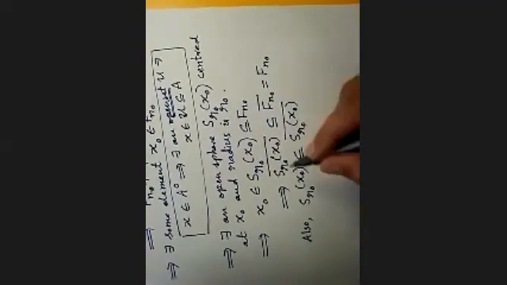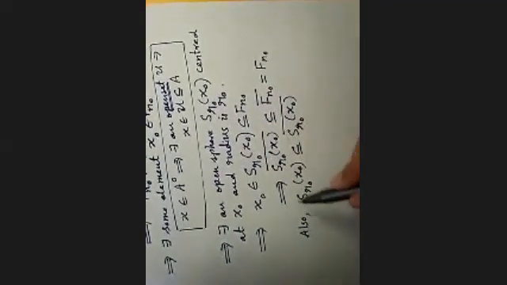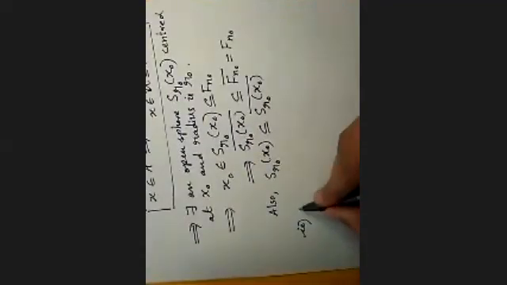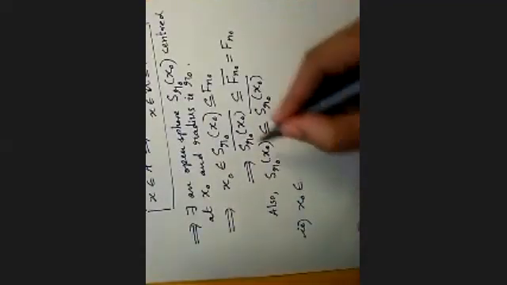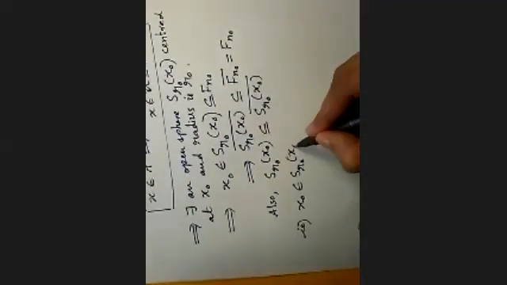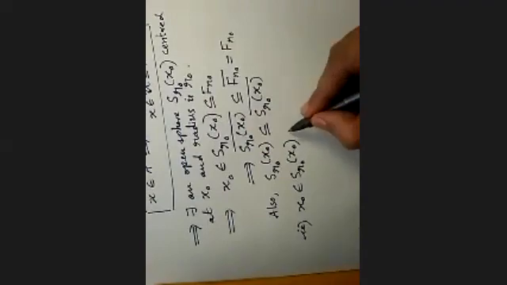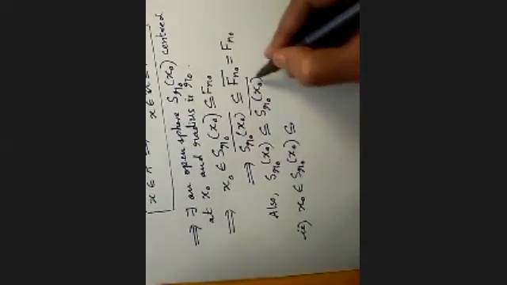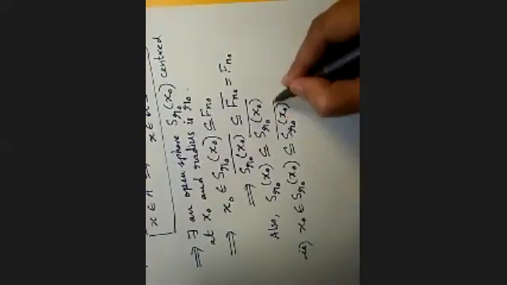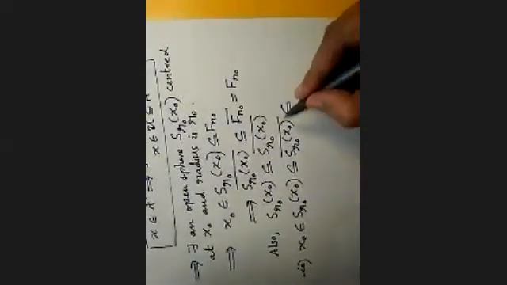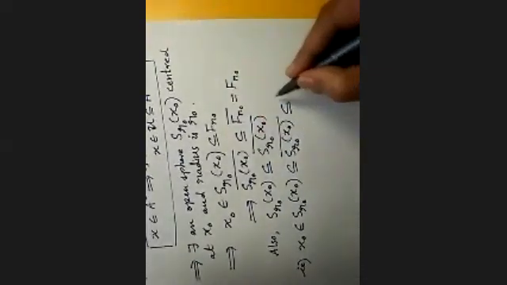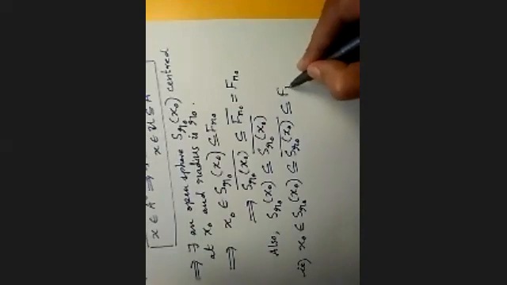Now combining all these, we'll start with x naught, that is x naught belonging to S r naught of x naught, that is contained in the closure of this set, and that is contained in the closure of Fn naught, that is contained in this Fn naught.